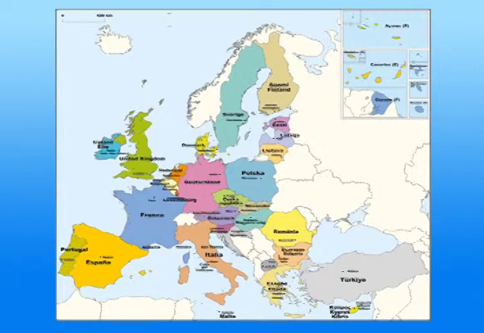So this should take one class lesson, one class period, I mean. And this goes through the population density and the area and comparisons between the United States and the EU, and also Japan and Russia.